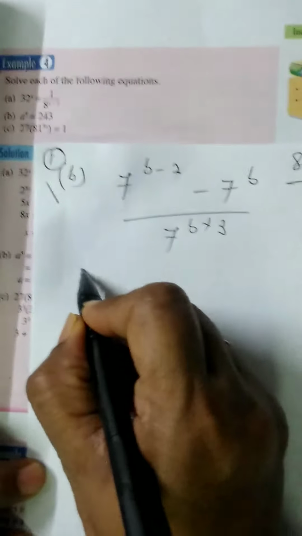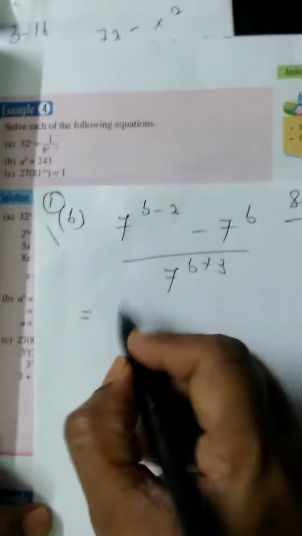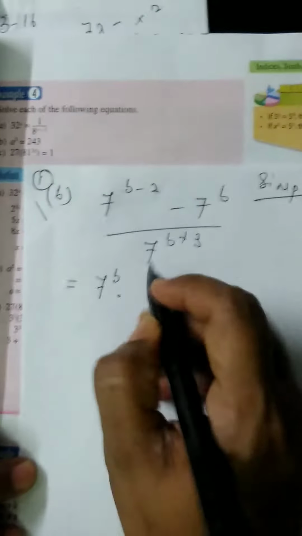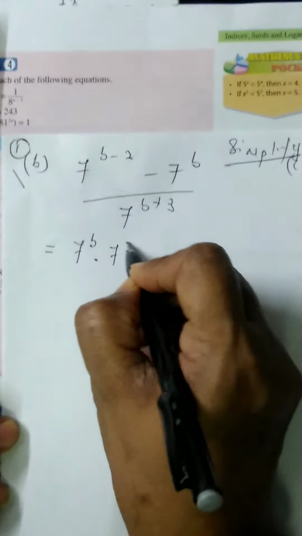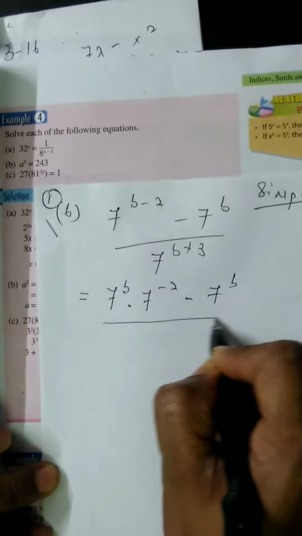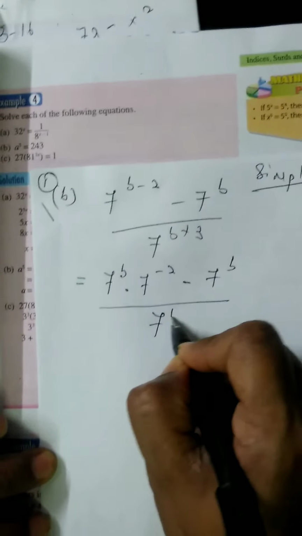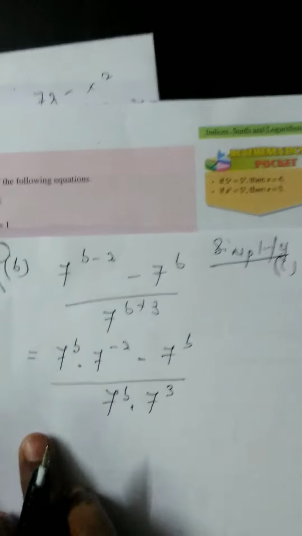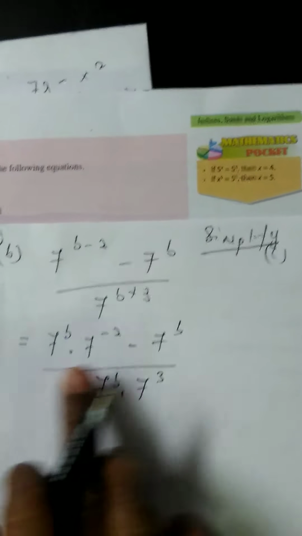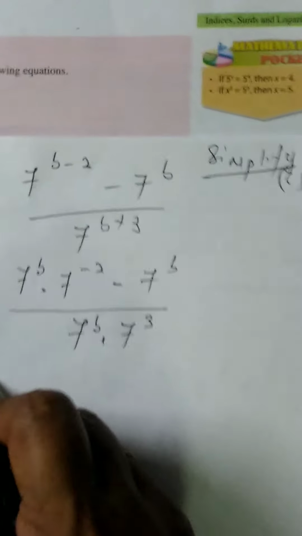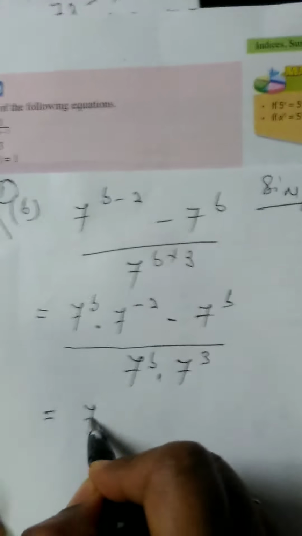So what you can actually do is break this up into two relevant terms. So here this is 7b.